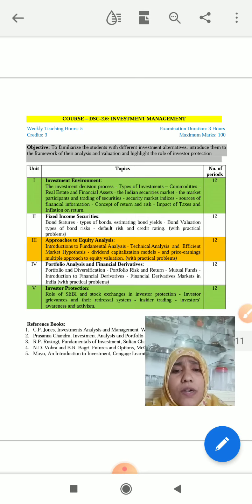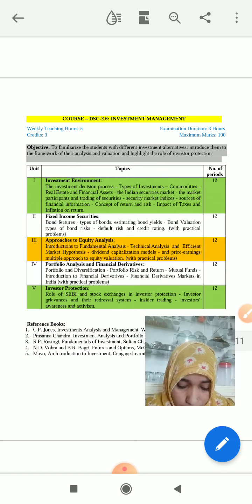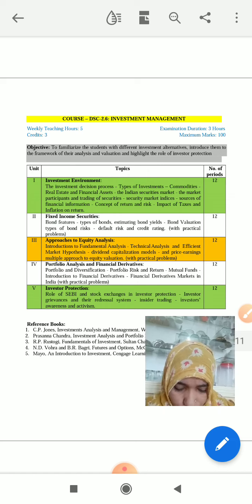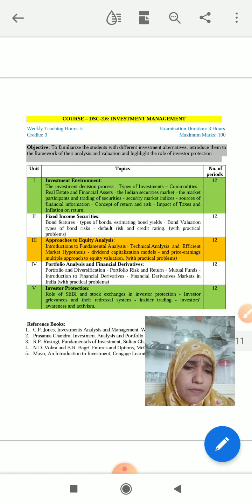The main purpose of this chapter: the investor is the backbone of the securities market. Without investors, the market can't run.